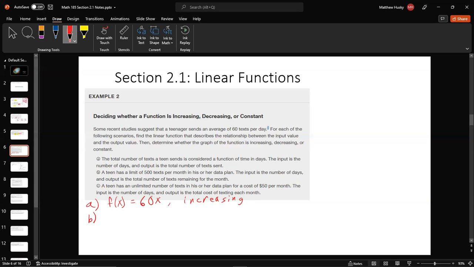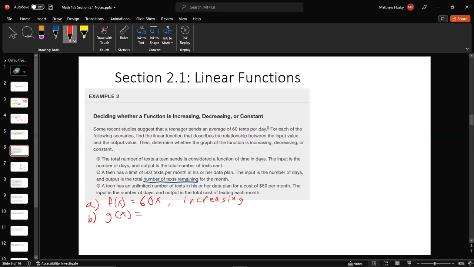Part B, they say a teen has a limit of 500 texts per month in his or her data plan. The input is the number of days and the output is the total number of texts remaining. So basically how this would work, we'll call this g of x just to give it a different name.